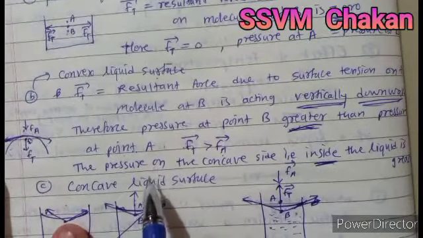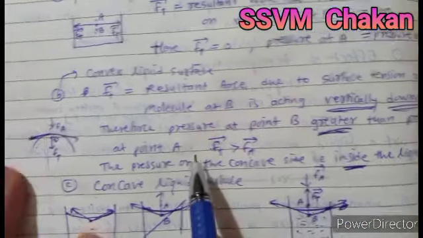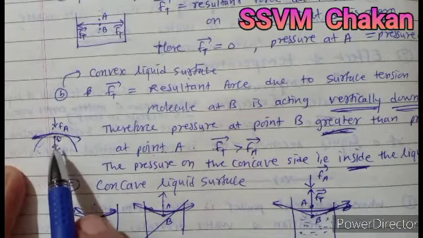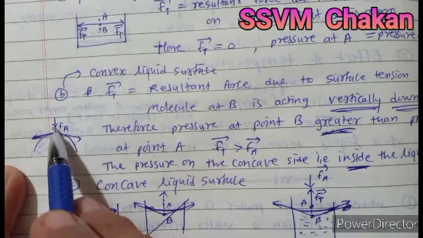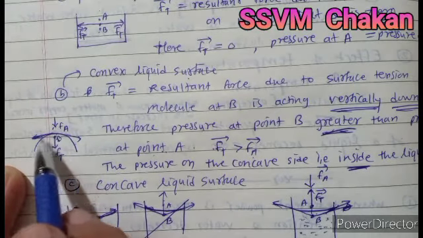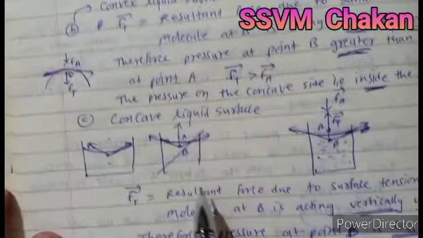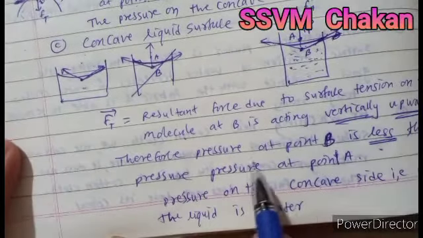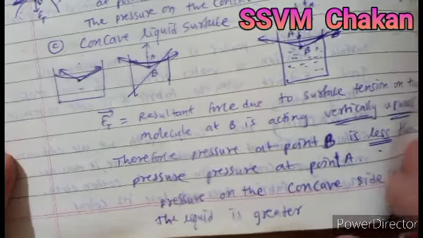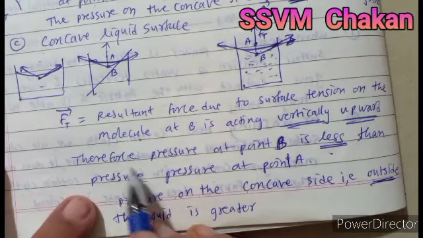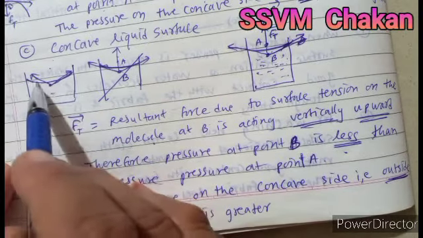If the pressure at point B is greater than the pressure at A, that is, the pressure at a point inside the liquid is greater than the pressure at a point which is present in air, in this case the liquid surface takes a convex shape. And if the pressure at a point inside the liquid is less than the pressure outside the free surface of liquid, then the liquid surface takes a concave shape.